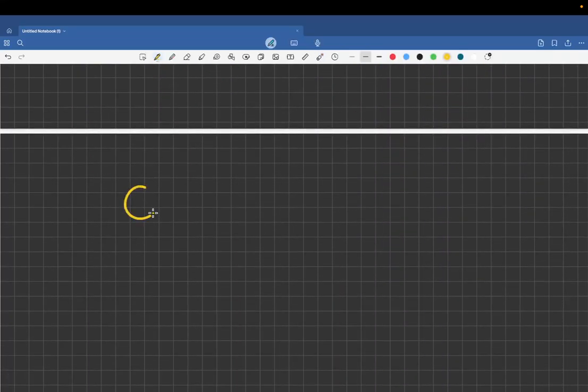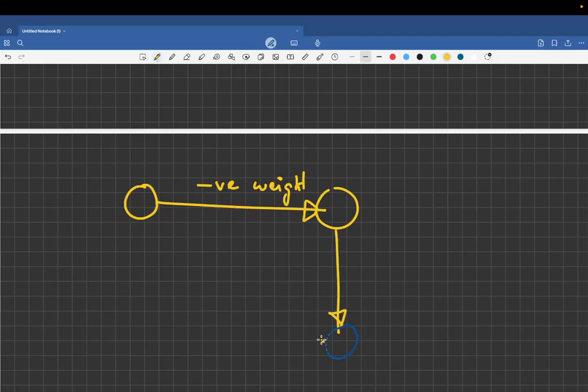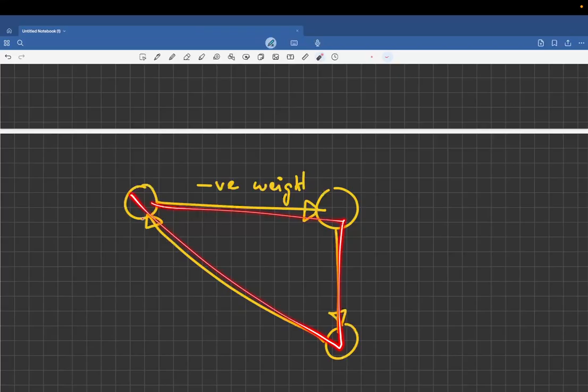Now just tell me one thing. Let's suppose you have a cycle and the total weight of the cycle is negative, that is, it is a negative weighted cycle. So it does not matter what the initial distance you have assigned to this particular node.